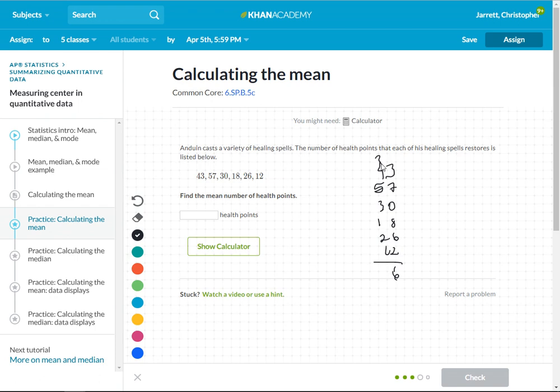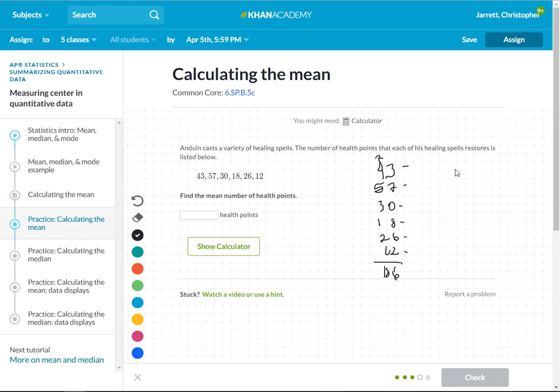Carry the 2. 2 plus 4 is 6. Plus 5 is 11. 11 plus 3 is 14. 14 plus 1 is 15. 15 plus 2 is 17. And 17 plus 1 is 18. So 186. There are 1, 2, 3, 4, 5, 6 data pieces.